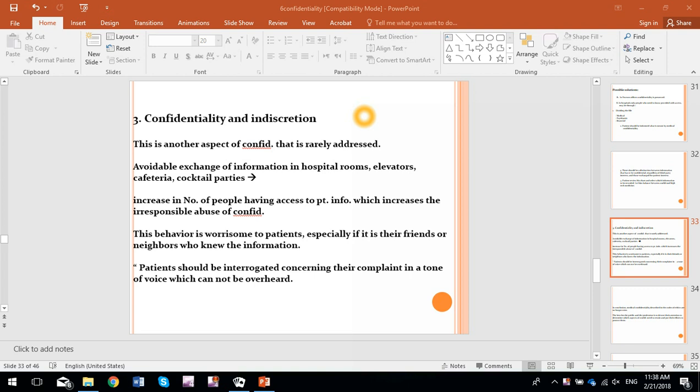Patients should be interrogated concerning their complaint in a tone of voice which cannot be overheard.